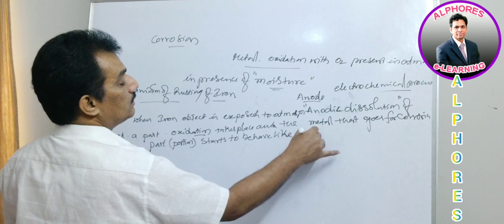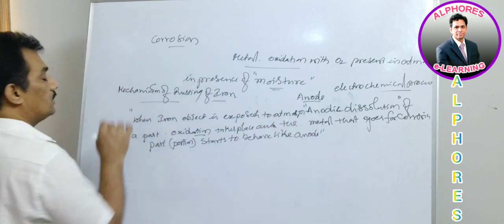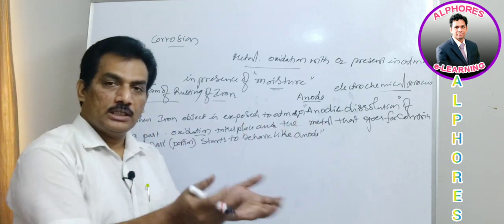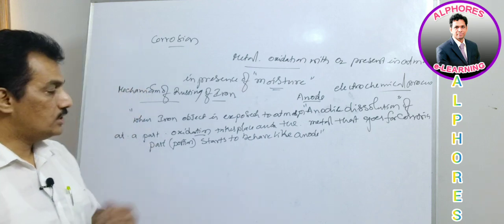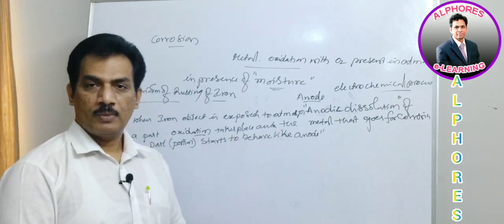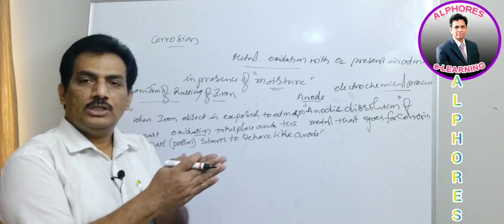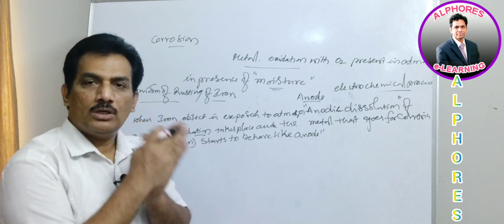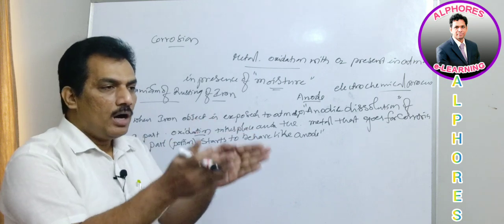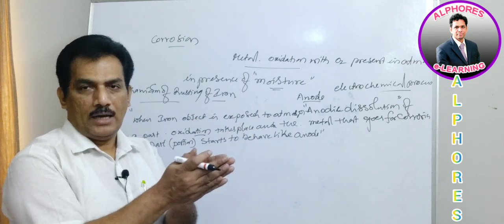This is the starting part. When an iron object is exposed to atmosphere having moisture, at a particular portion oxidation begins, and that part behaves like an anode.